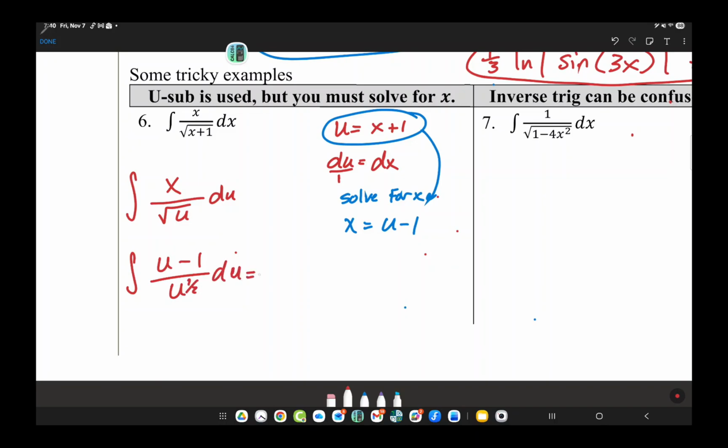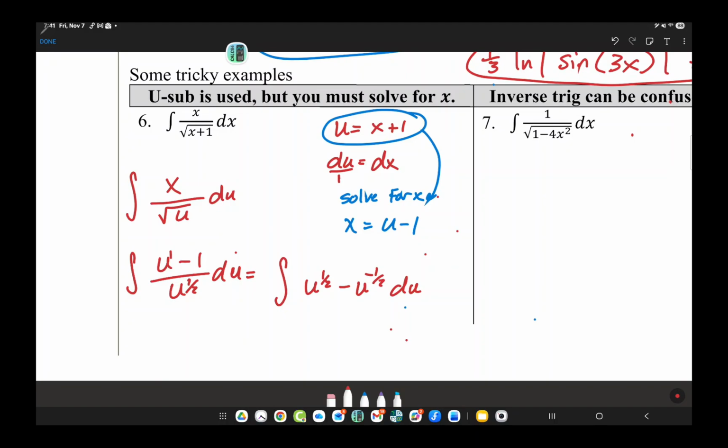So we divide each of these by u to the 1/2, which gives you u to the 1/2 minus u to the negative 1/2 du. If you divide each of these by u to the 1/2, u to the 1 divided by u to the 1/2 just subtracts the exponent. 1 minus 1/2 is 1/2. And then negative 1 over u to the 1/2 is negative u to the negative 1/2.